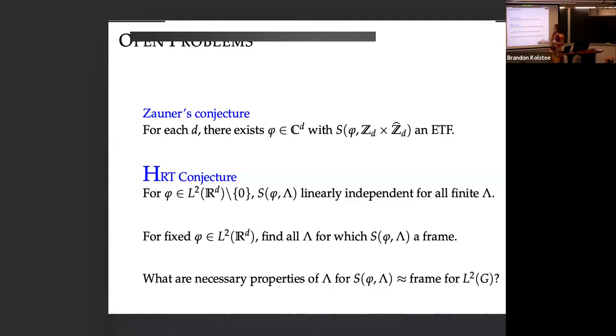What are necessary properties for lambda such that we can have a Gabor system over lambda that's approximately a frame from L2 of G? By this, I mean maybe Bessel sequence or Riesz sequences or these things that are all the sort of frame-adjacent questions.